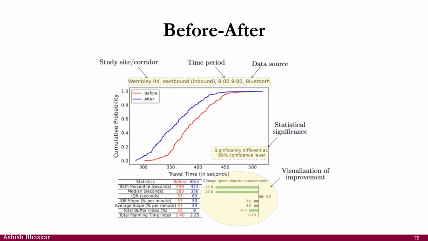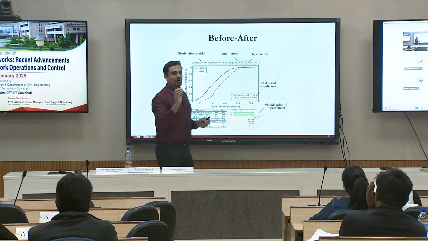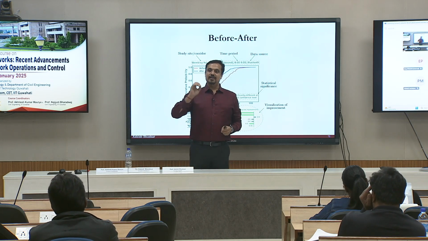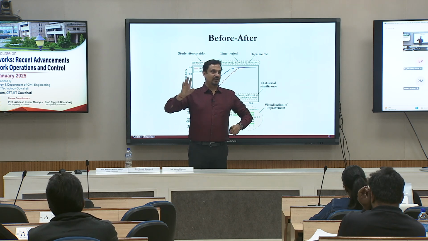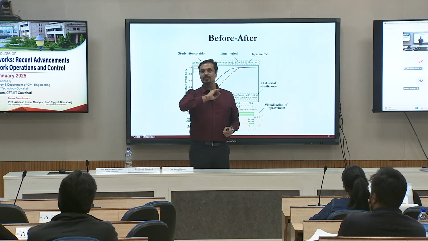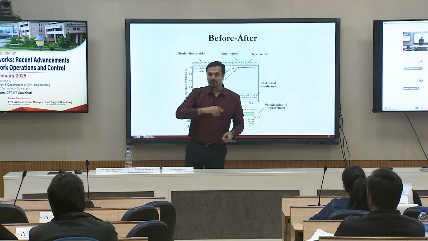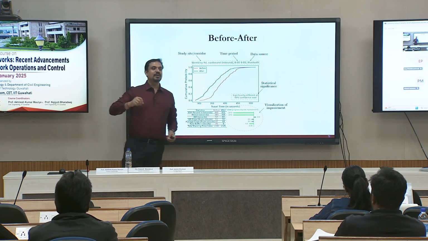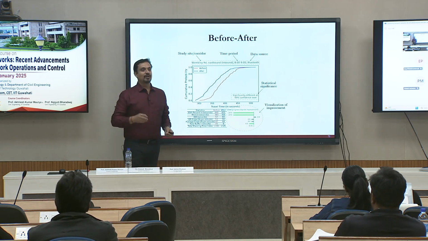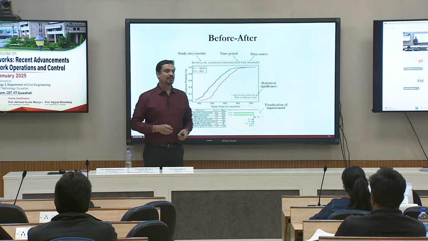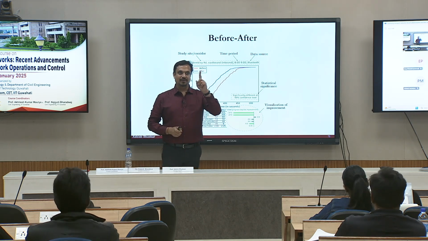So let's try to draw one cumulative probability diagram. Let's say you are doing observation and you are just getting a travel time of 400 seconds. I've given you 1000 values, travel time is 400 seconds. How does that plot look like? Can you draw that plot? A cumulative probability distribution of a travel time where all the values are 400 seconds. Straight line, right?